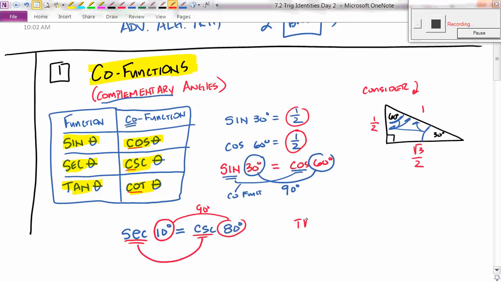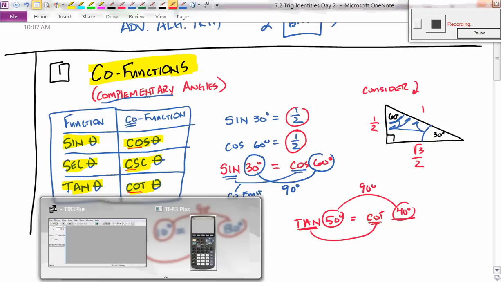So if I were to ask you, the tangent of 50 degrees would be equal to the cotangent of what? What would you have to do to figure it out? Well, you take 90 minus 50, and you get 40. So the tangent of 50 degrees is equal to the cotangent of 40 degrees because that adds up to 90 degrees, and tangent and cotangent are cofunctions.